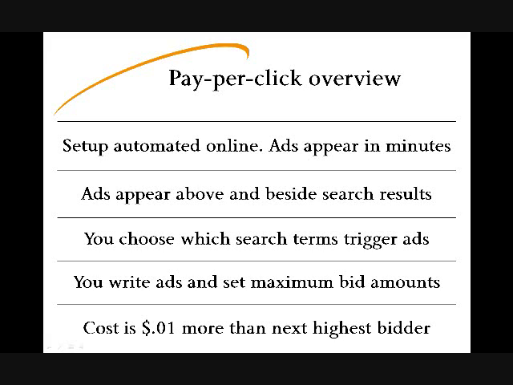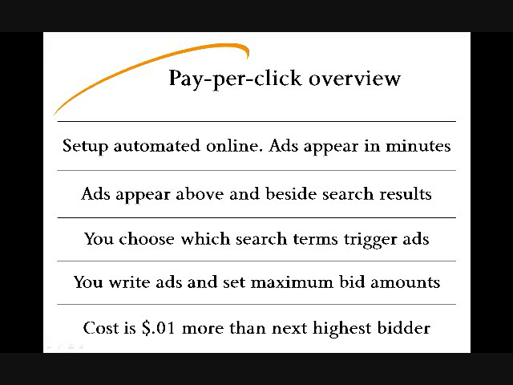So if you want to bid on a search, for instance, continuing education in your geographic area, anytime someone types continuing education into the Google search box, you can have an ad for your program appear. You also get to write what those ads are, and we'll talk about what they consist of a little bit later. You write the ads and you choose how much you're willing to bid. And you may not end up paying the full amount that you bid.